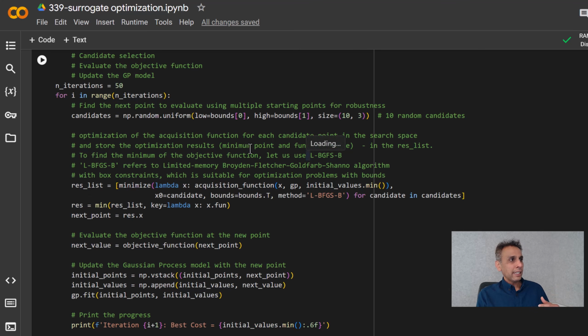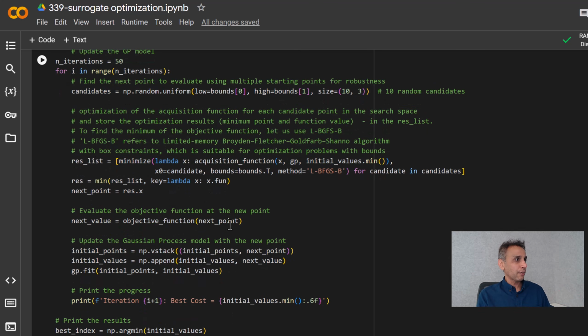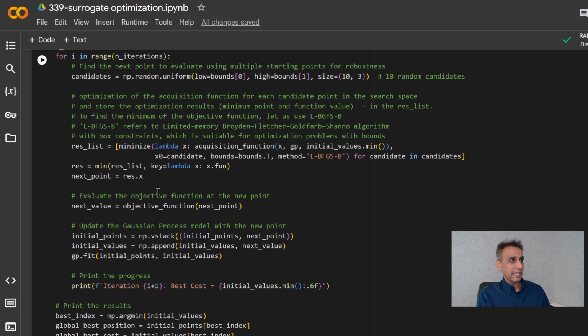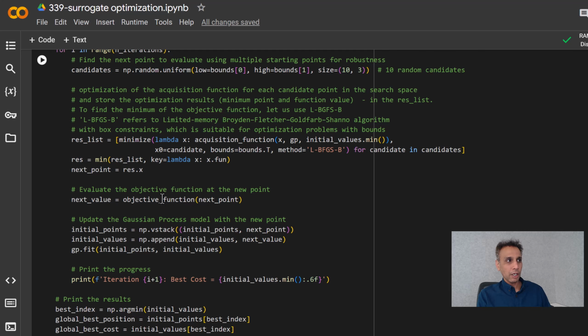To find the minimum, we are using this L-BFGS-B, which is apparently good for bound problems. From this list, we are going to find the minimum, and that minimum defines the x for the next point, and that next point is plugged into the objective function.